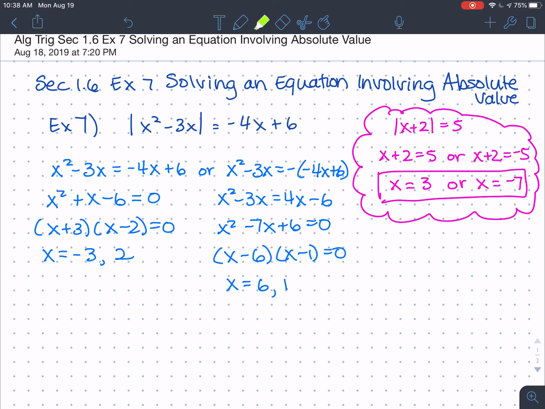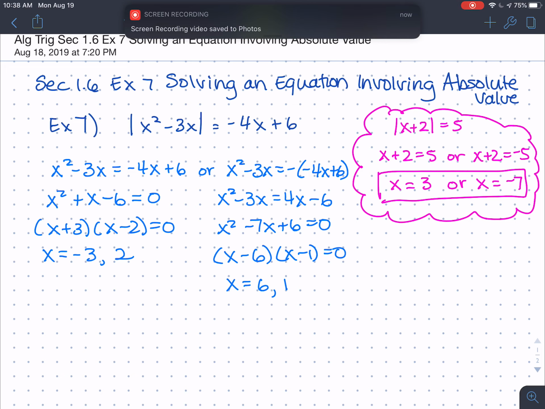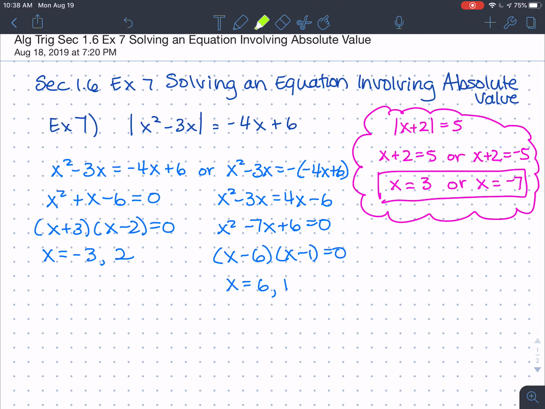So why is that? Let's go back and look at the pink problem first of all. If we look at the pink problem, we didn't have any potential problem here because we had a positive 5. On the left-hand side, the absolute value is automatically going to make things positive, and we're setting it equal to a positive number. Like, that's good.